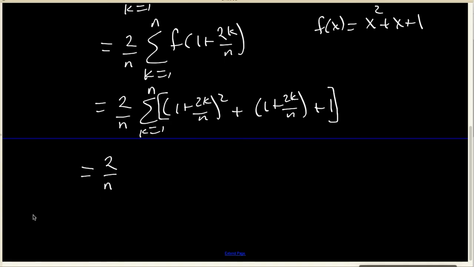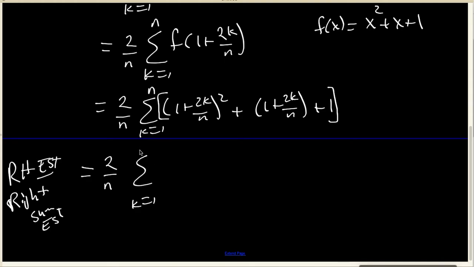My right sum estimate is going to be given by 2 times the sum as k goes from 1 to n of, when I square this mess here, I am going to get 1 plus 2 times 2k over n plus 2k over n squared.